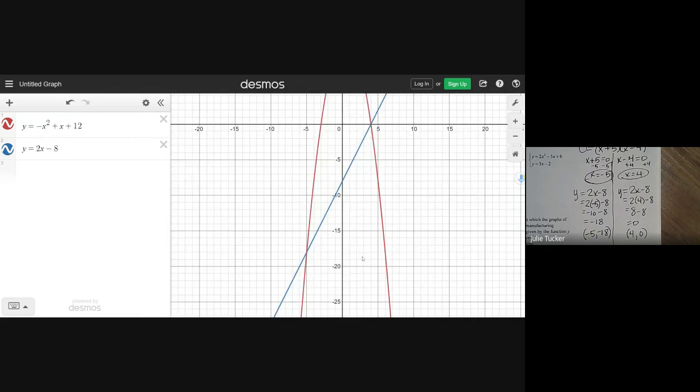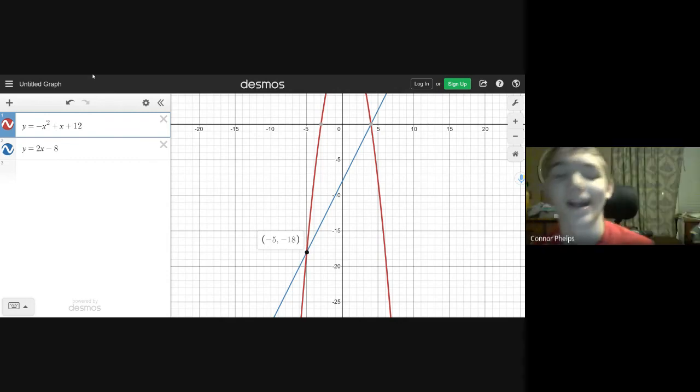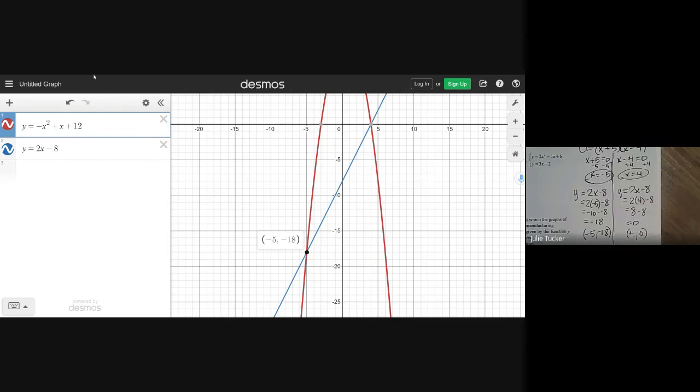So I'm going to zoom a little bit. Okay, see this one here? Look at those coordinates. Negative 5, negative 18. Does that sound familiar? Yeah. And now let's go look at the other one. 4, 0. Yep, those are the ones we just had, right? Okay.